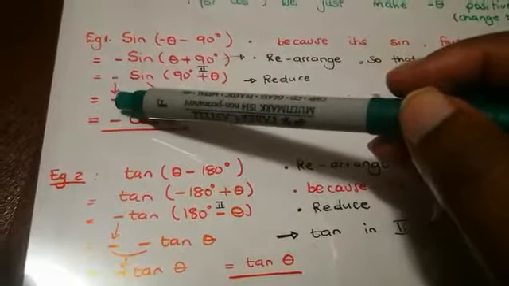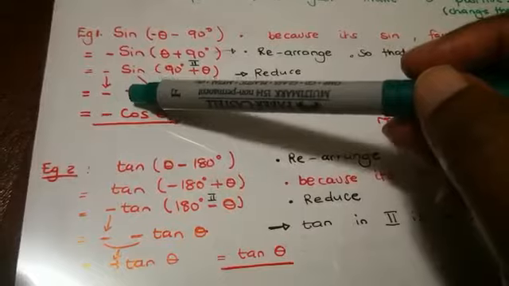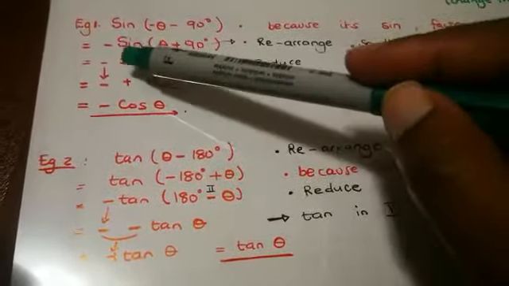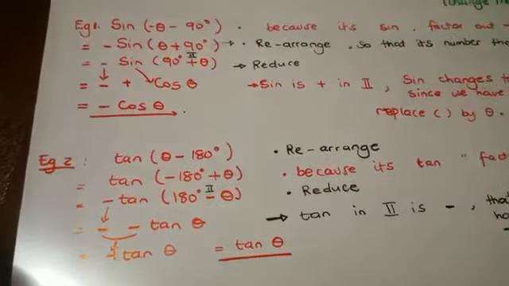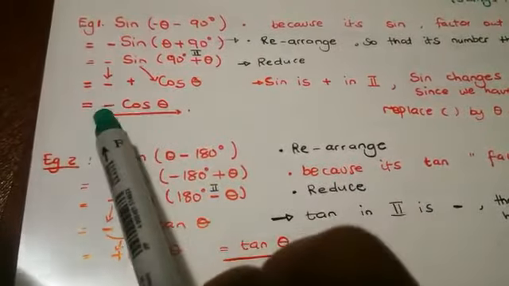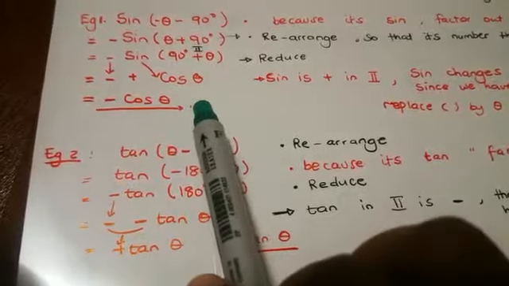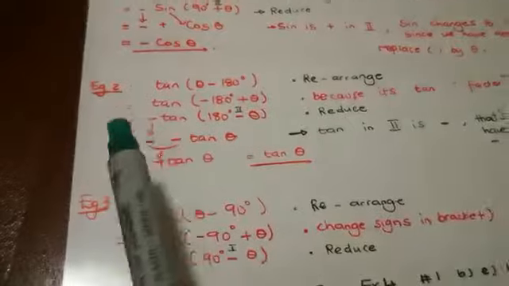So this negative is this one, and then sine is positive in the second quadrant, so I write that positive, because sometimes it can be negative. And then you reduce this, so sine changes to cos, and then the bracket becomes theta. So the final answer, negative times positive gives you negative, and the final answer there is negative cos theta. Okay, let's look at another example.